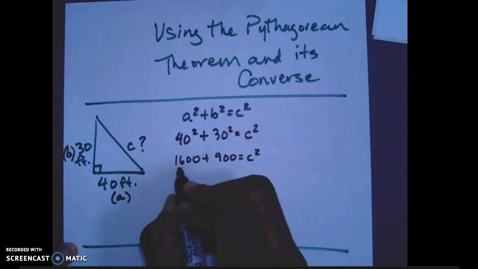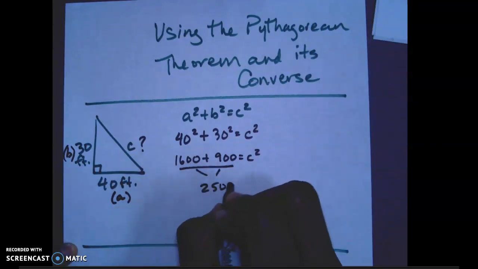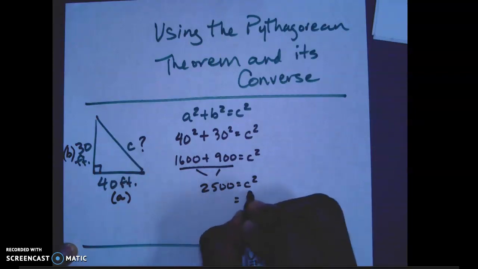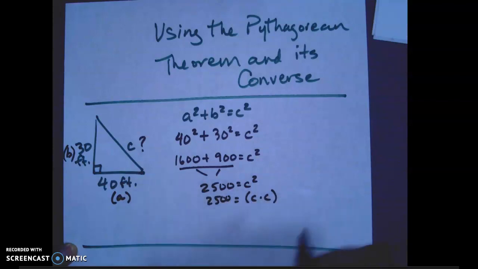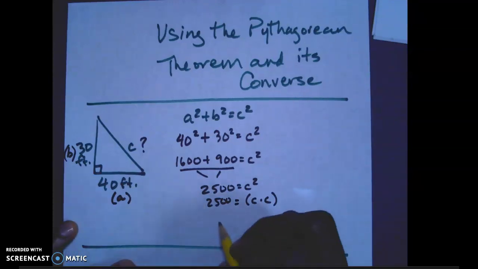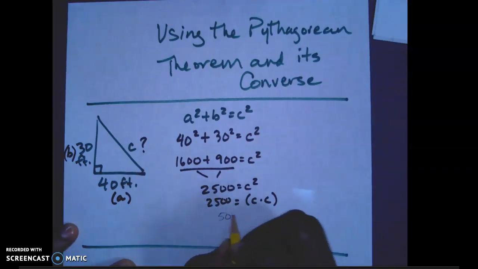When I add these two together, that's going to give me 2,500 is still equal to c squared. So basically what I'm saying is that some value of c times some value of c is going to be 2,500. I need to figure out what that value is by taking my square root. The square root of 2,500 is going to be 50. So I know that my value of c is going to be 50.